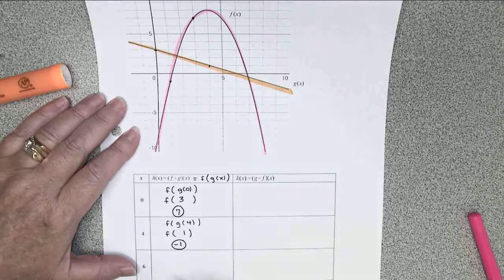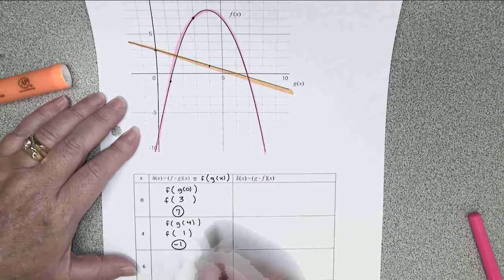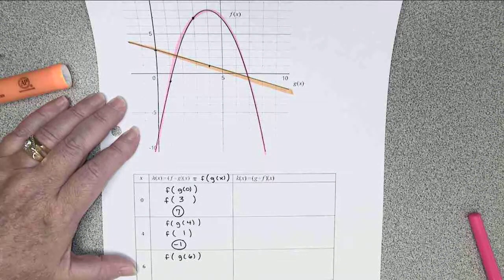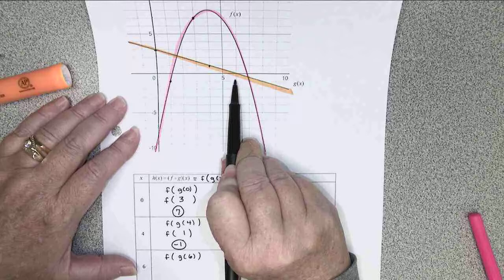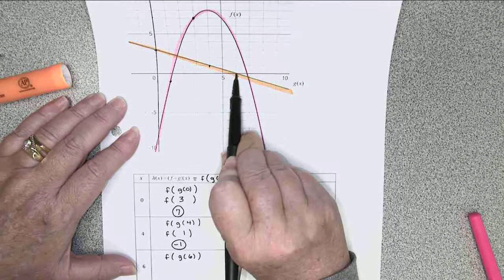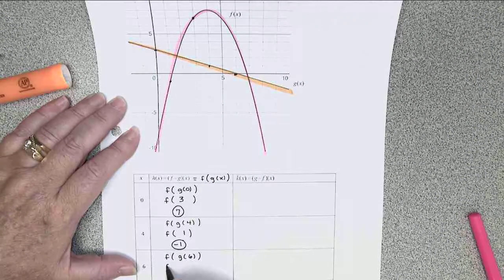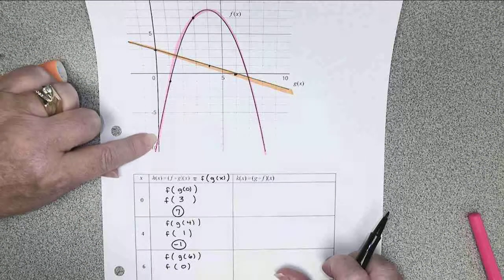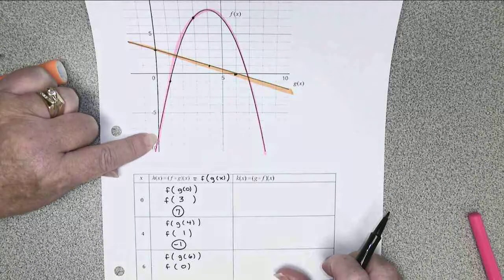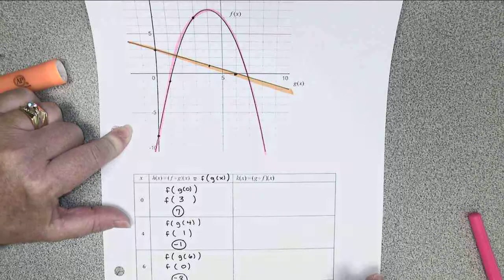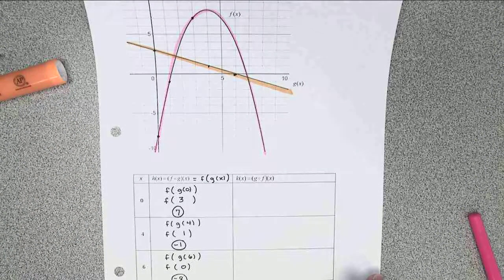All right. One more in this direction. Plugging in 6, I'd have f of g of 6. G, the orange, is the line here. And at x equals 6, the y value right there is 0. So that would be f of 0. When x is 0, coming down here to the parabola, it looks like the y value is negative 8. So that's how we can kind of read compositions right off of graphs.